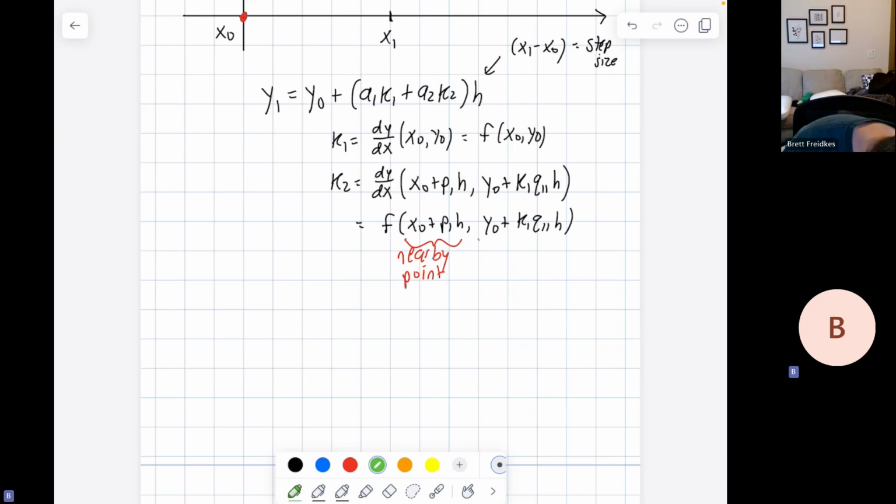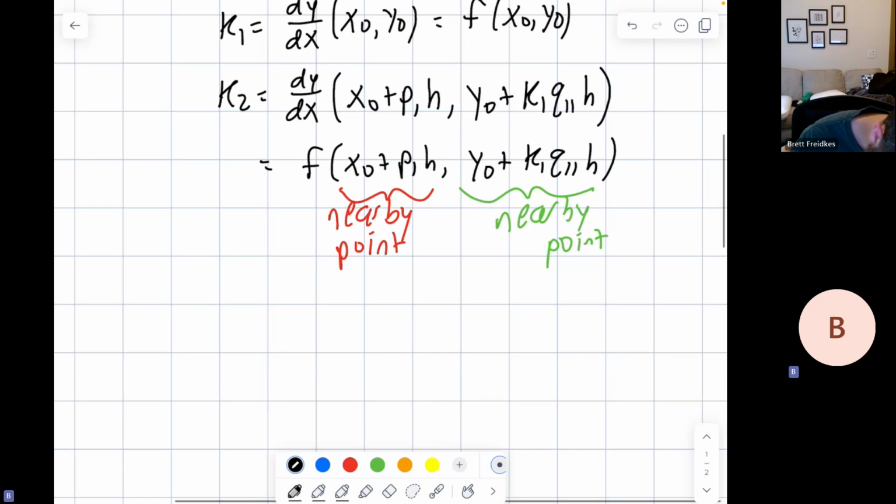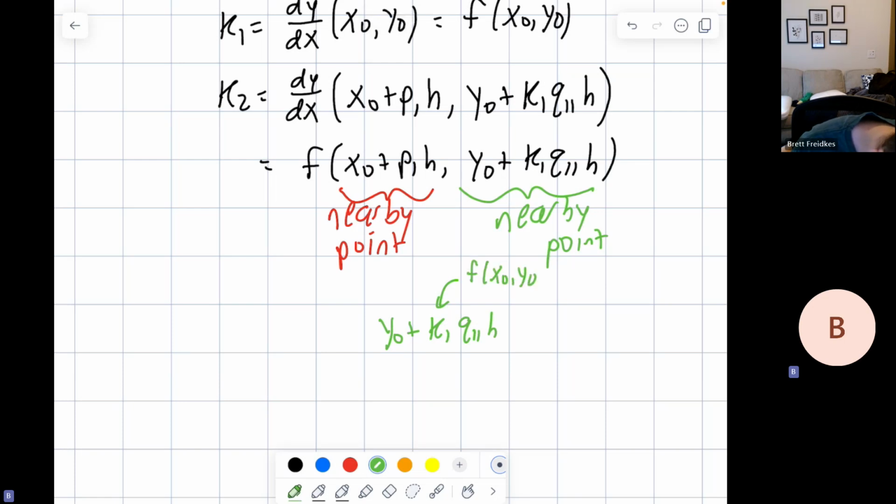Similarly, y naught will also be a nearby point, but we see that we have this k in here. We have some k times h. And if you think about what I said before, how K1, just look at this point for a second, y naught plus q11 K1 times h. This K1 is the slope at the current point. This is f of x naught, y naught.